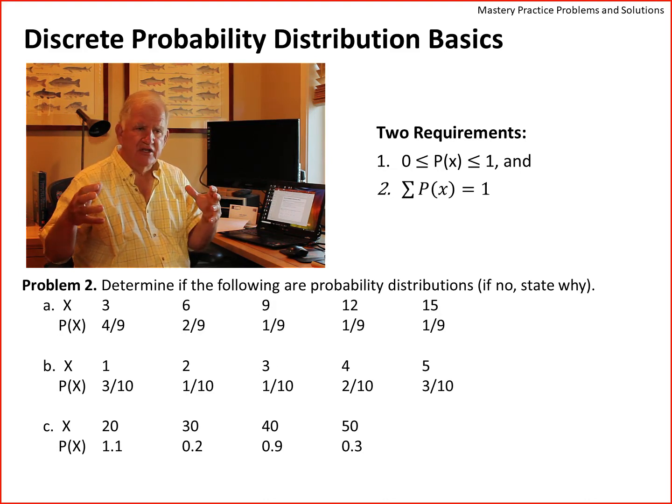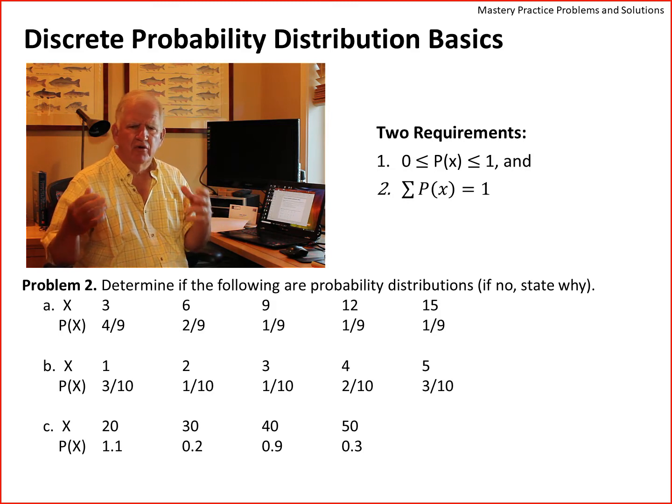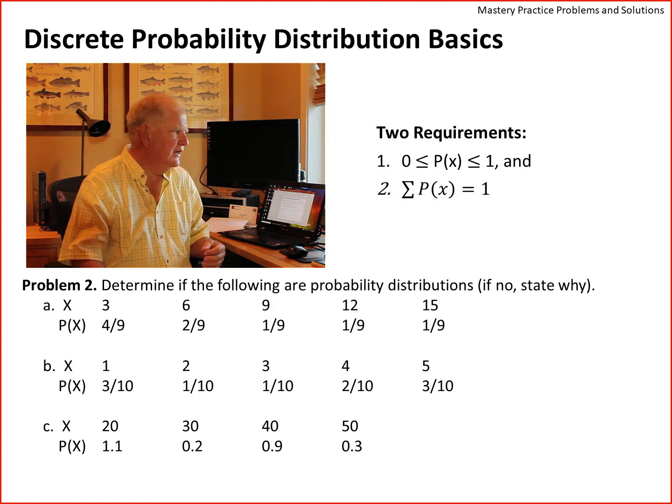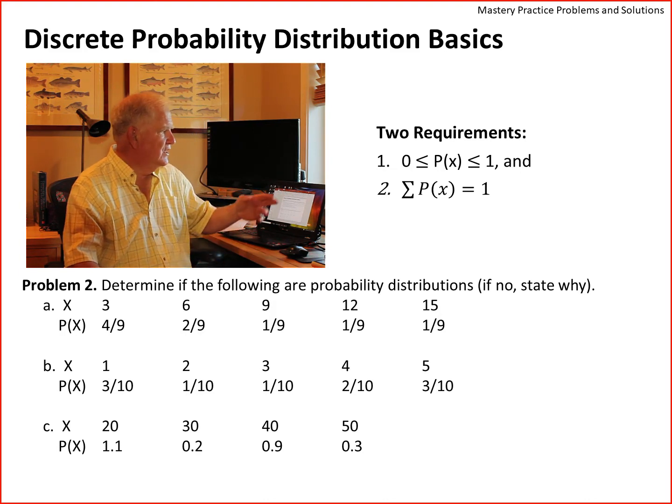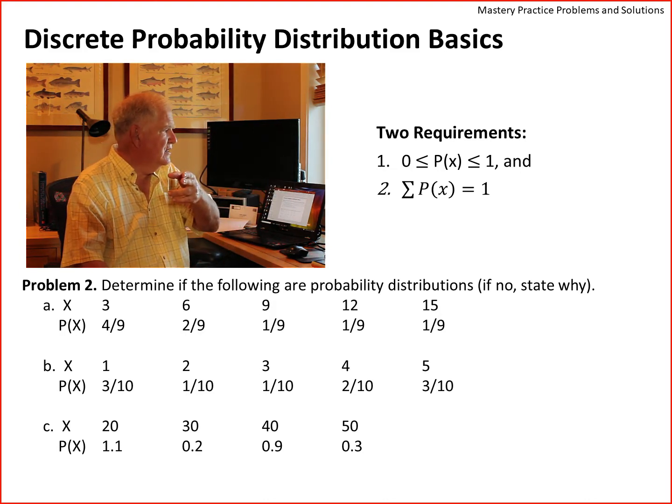If they're outside that range in some way, if they're negative or greater than 1, then this can't be a probability distribution. So let me look across at A, 3, 6, 9, 12, 15.